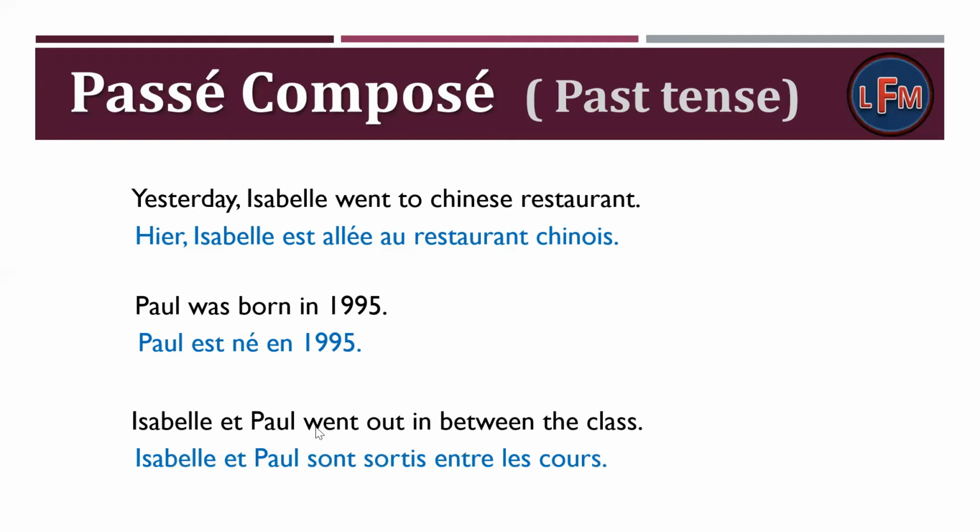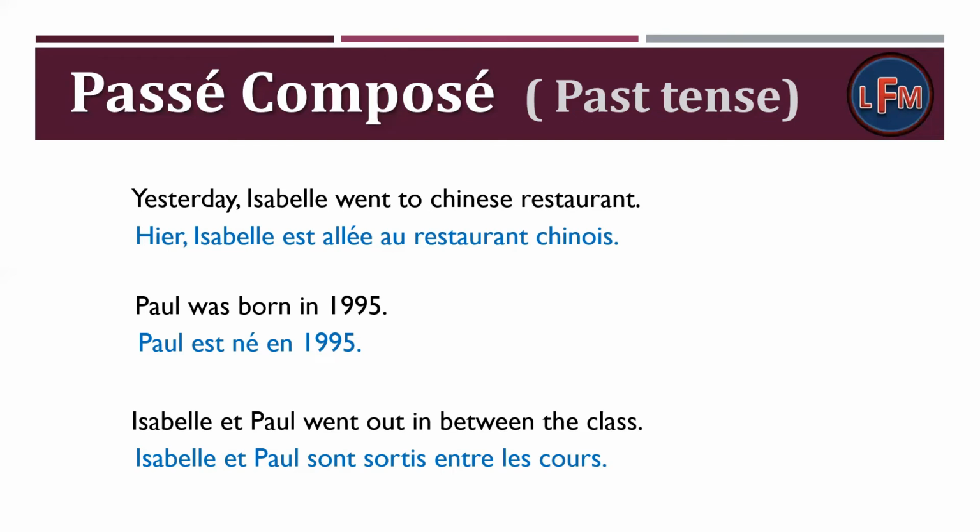Here the verb is going out, which means the verb sortir. So first we take the participe passé of the verb sortir, which is sorti, and the auxiliary verb être with Isabel et Paul. Isabel et Paul are a mixed subject, masculine and feminine.